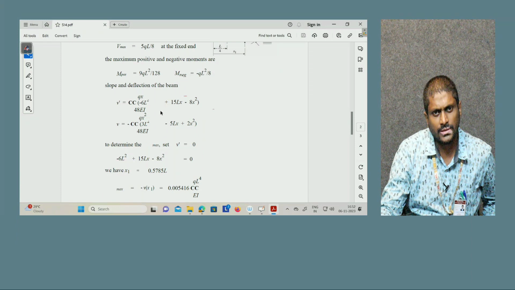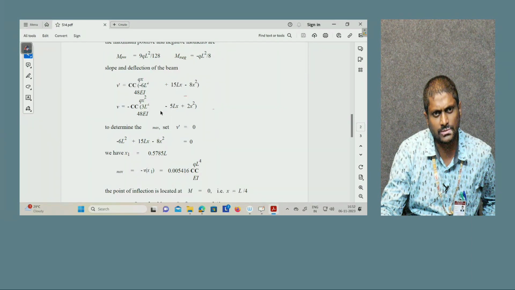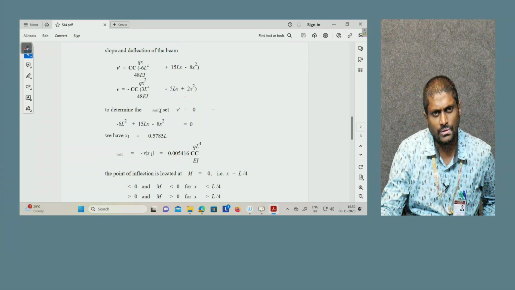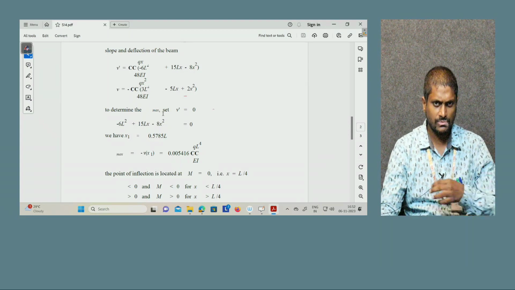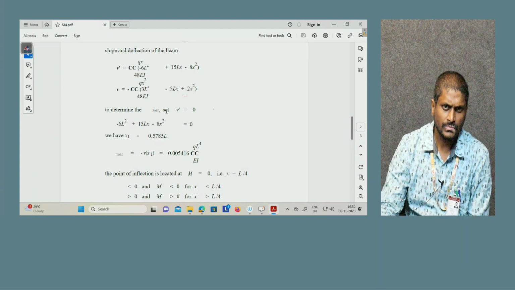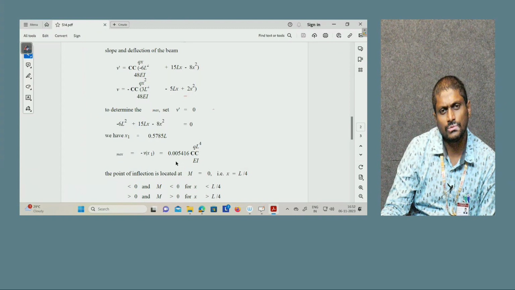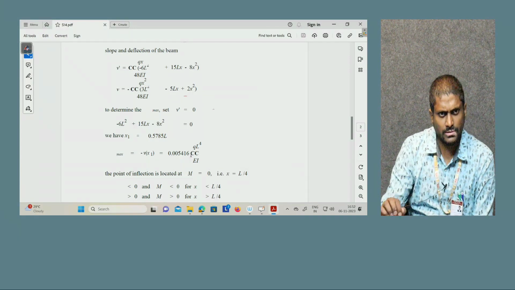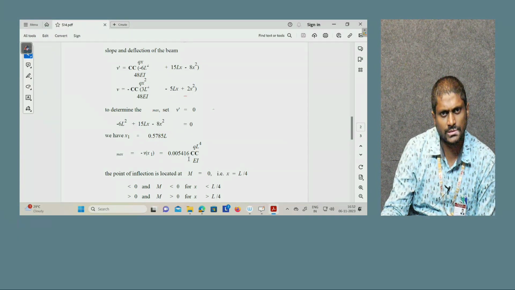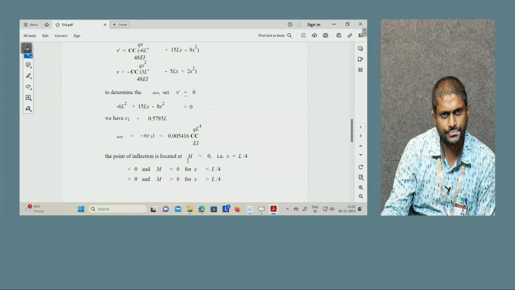To determine the maximum, set v dash equals 0, so minus 6L square plus 15Lx minus 8x square equals 0, giving x equals 0.5785L. The maximum deflection is 0.005416 qL to the power 4 by EI.